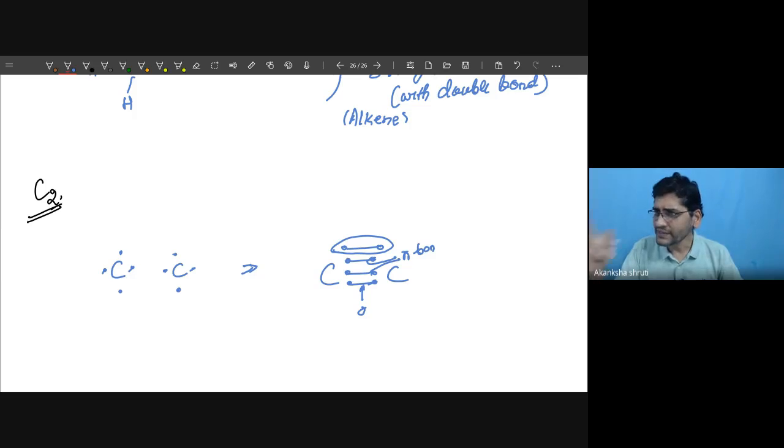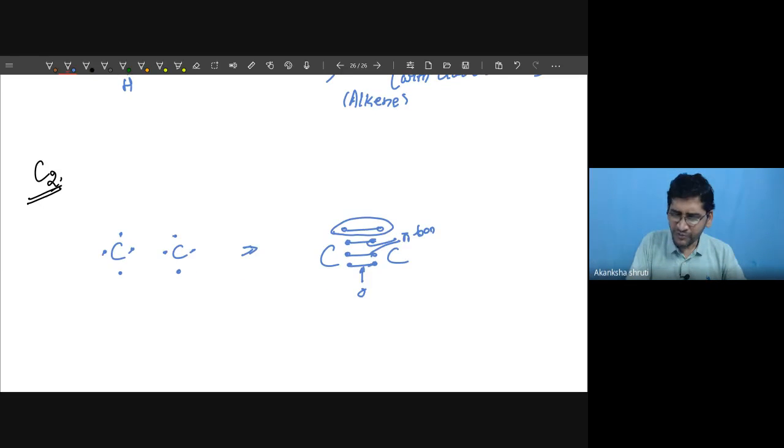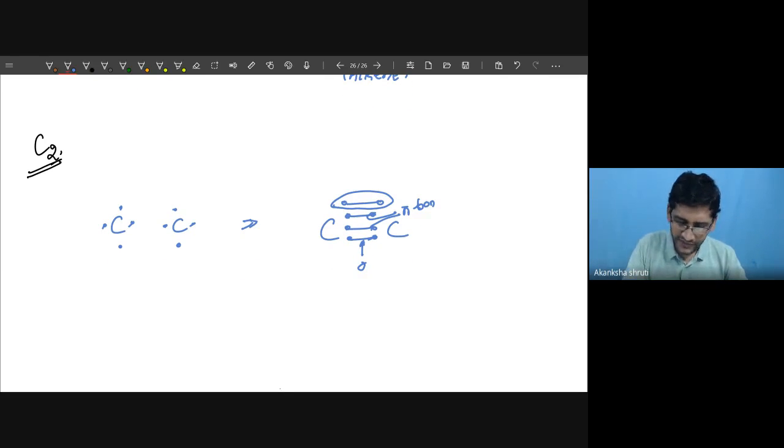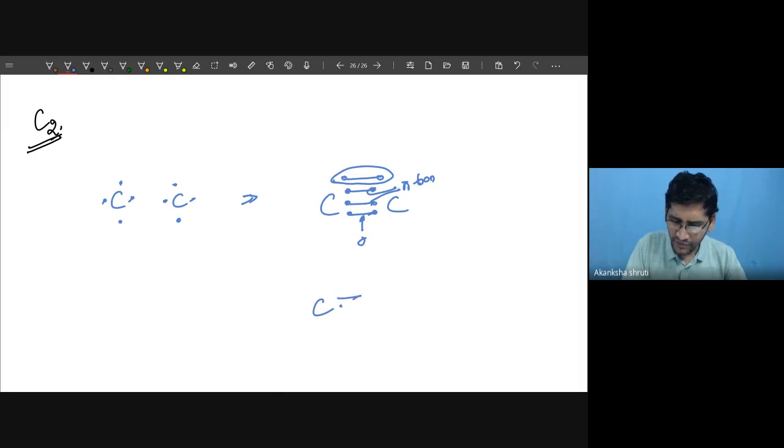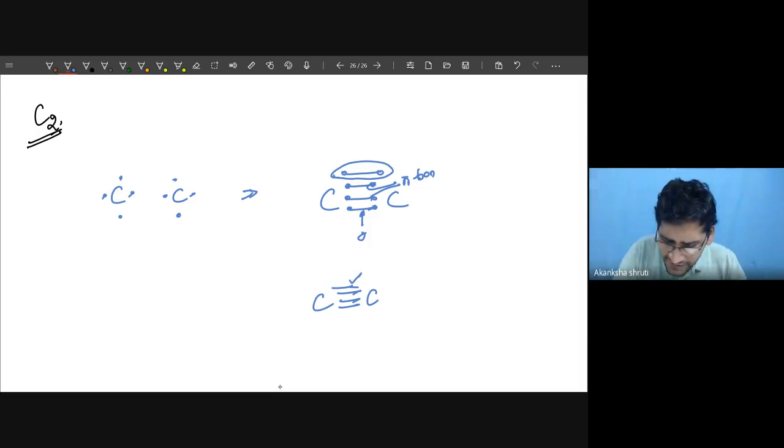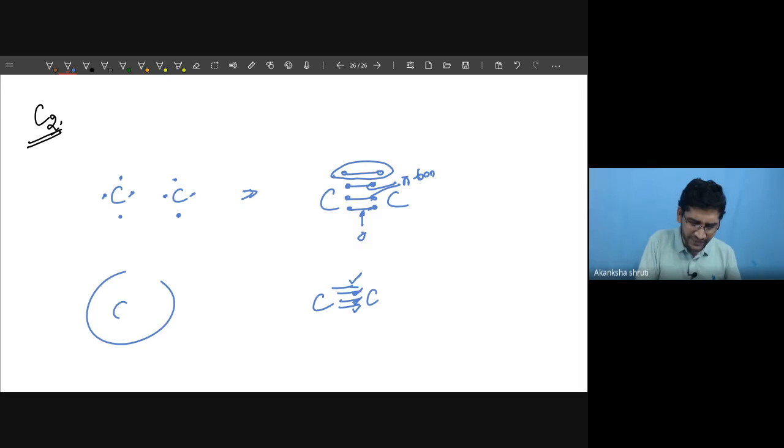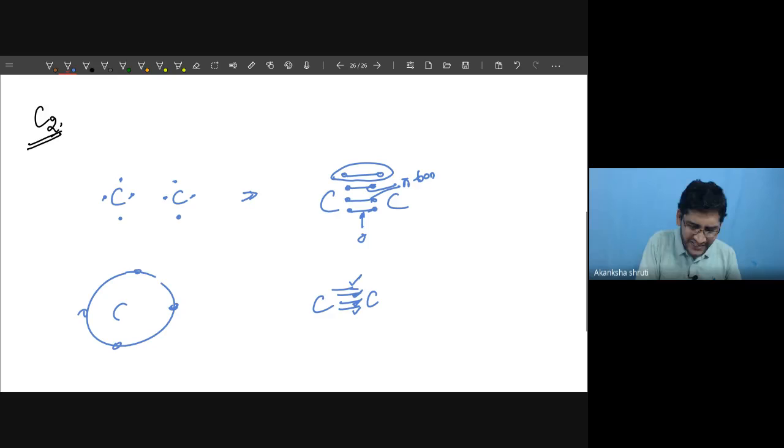But another simple thing that I want to tell you, which you can keep in your mind and which may also be present in your book, is that if you are forming this C2, say if you are forming like this, the 4 bond, then all the electrons have come closer to each other. Now we know that in this carbon, electrons try to lie as far apart as they can because of their electronic repulsion.